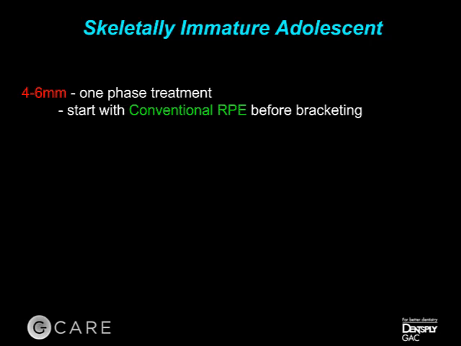I know I can easily get that amount of change that I need, under that 3 millimeter mark, with just using a conventional RPE right before braces and putting the screw as high up as possible. I feel very comfortable saying that if there's a 6 millimeter discrepancy, I can get 3 millimeters of change right before I put braces on.